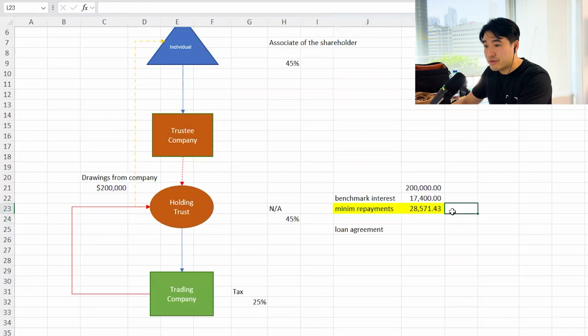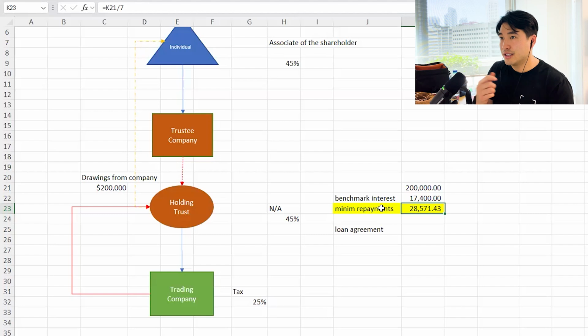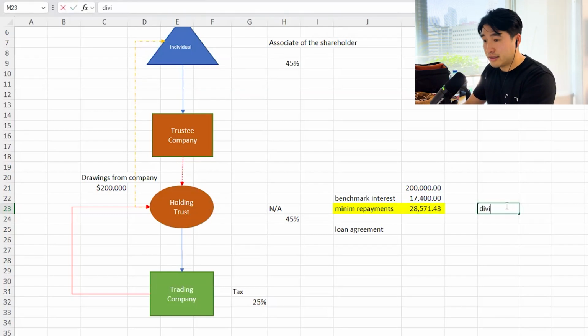Okay. Sometimes throughout the year, you didn't actually make the minimum repayment. Okay. But you can actually still make the payment without actually physically making the payment. The way we do it is a lot of accountants out there take up a dividend. So a dividend paid from the company. So what would happen throughout the year is this company, again, like I said, made $400,000.